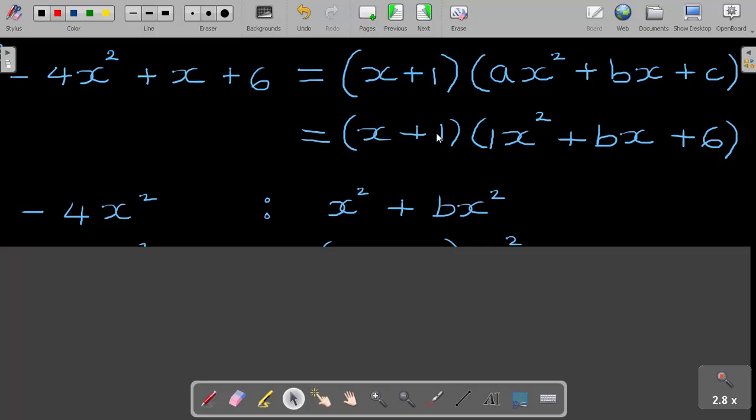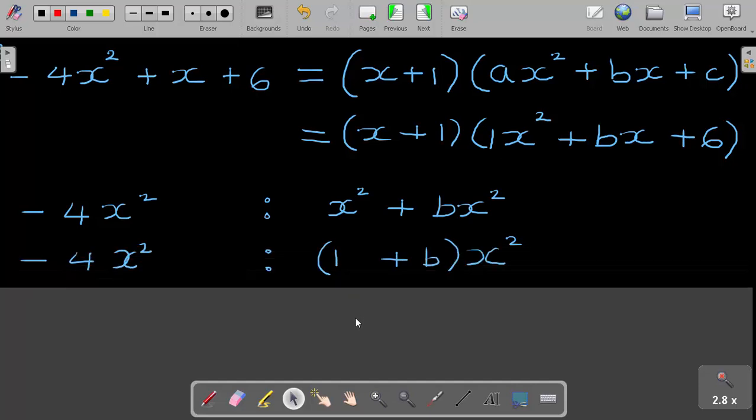And if I multiply 1 times 1x squared, I also get x squared. So if I combine the 1x squared plus bx squared, that's the only way I can get x squared.